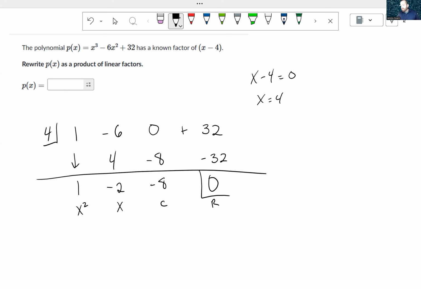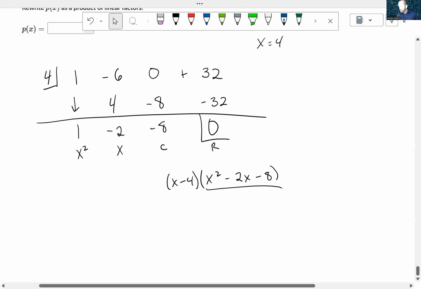So now, when we factor this out, we have x minus 4 times x squared minus 2x minus 8. Now we want to use the AC method for this part, and we're going to write all of it as a factored expression.